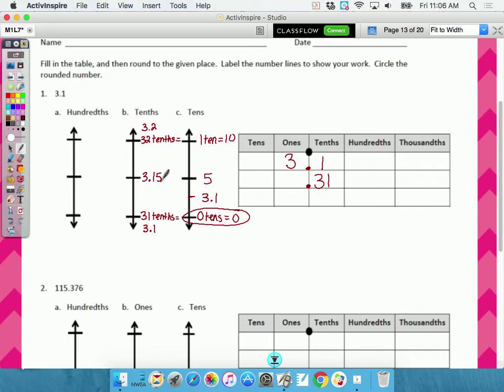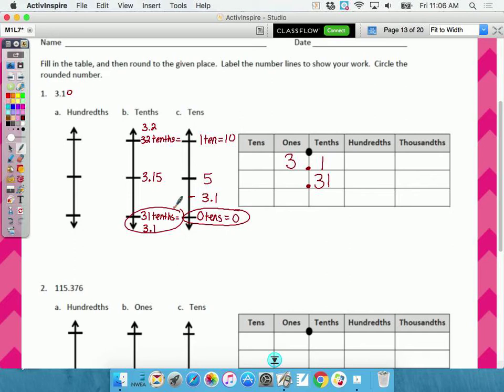Now, I'm rounding 3 and actually this is 10 hundredths. So what does it round to? Basically, it rounds to itself, right? That's kind of confusing.